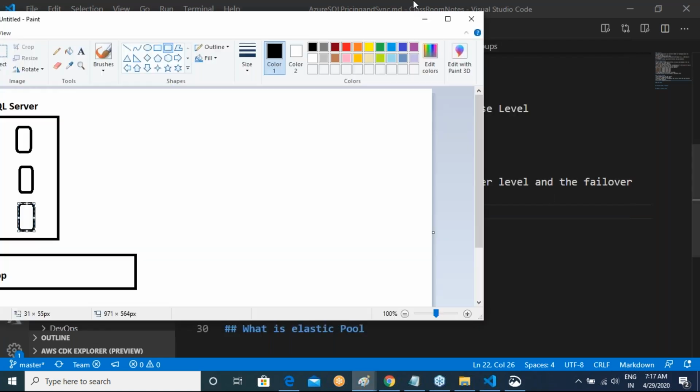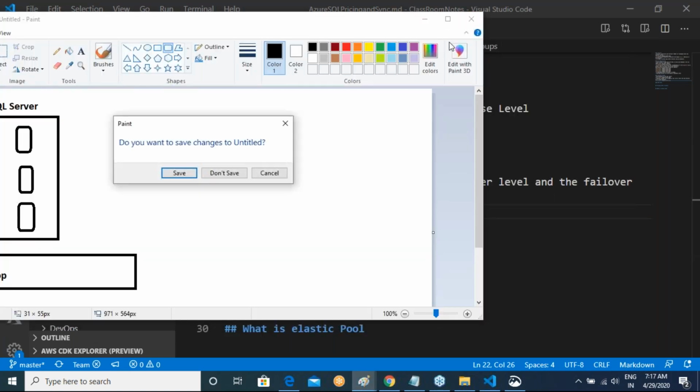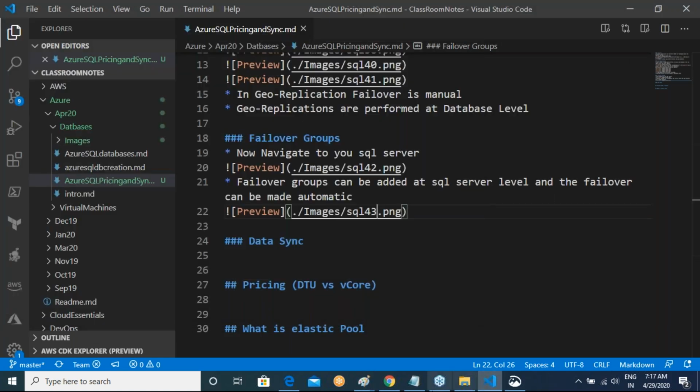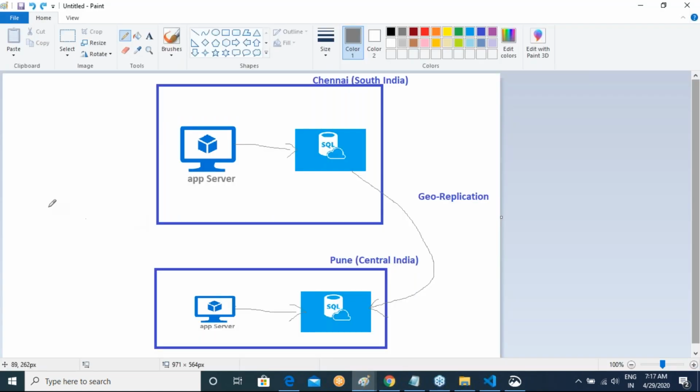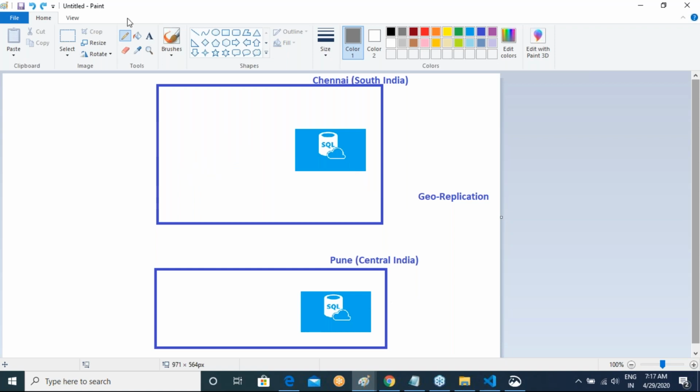Okay, let me remove this. So this is Chennai. Consider it to be Chennai.